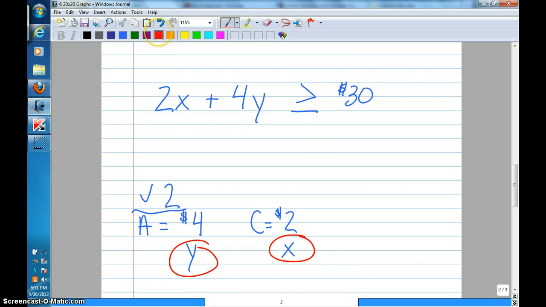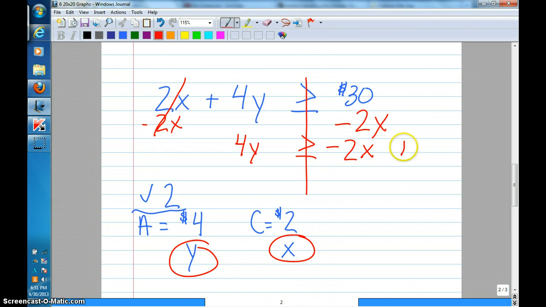Okay. This time, though, it's not in y equals mx plus b form. So we got some solving to do first. I'm going to get rid of this 2x, so I'm going to subtract 2x from both sides. Okay, left with a 4y, greater than or equal to negative 2x plus 30. We still got a step left. We got to get y by itself.